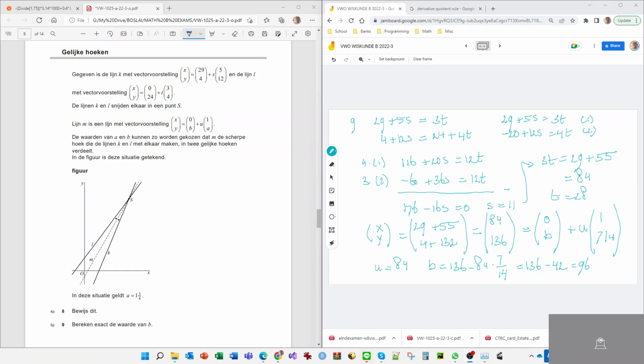There's something weird, because if I put b in here, it's 96. I don't think I will get... This will be 7/4, not 7/14. So you get 84 divided by 4, which is 21.